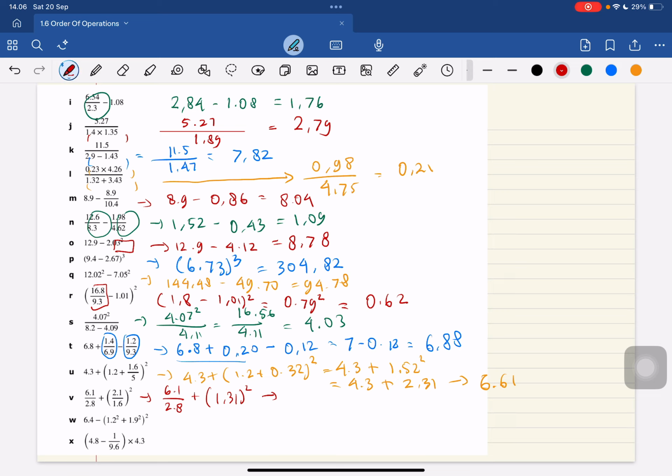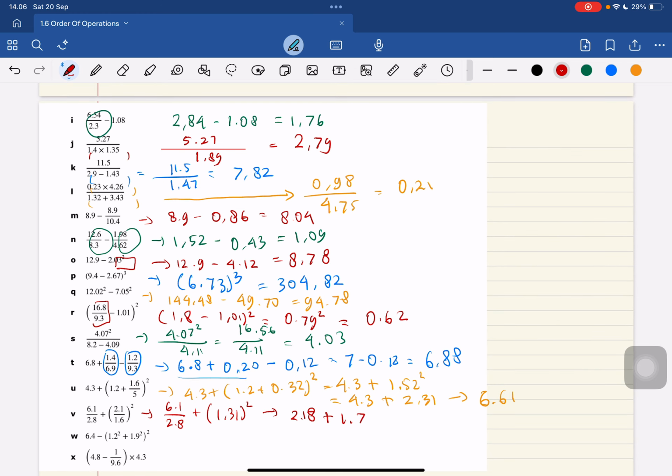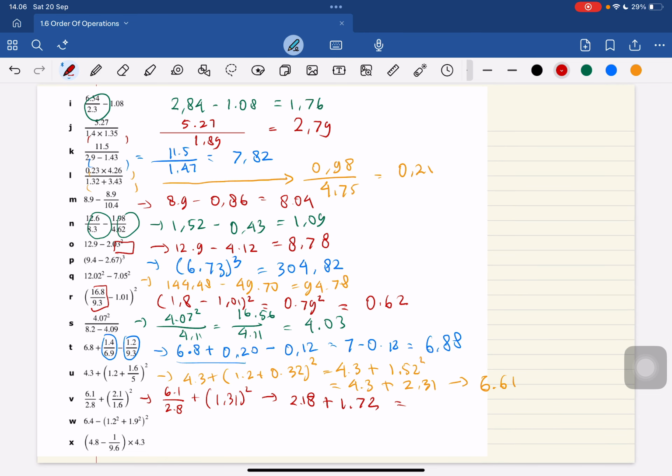Okay, while we make it square, we can divide also. 6.1 divided by 2.8 is going to be 2.18 plus 1.31 squared is 1.72. So let's do the addition, 2.18 plus 1.72 will give us the answer 3.9.